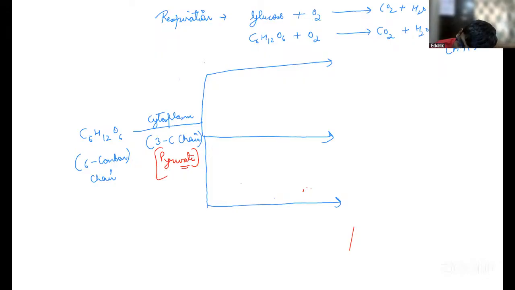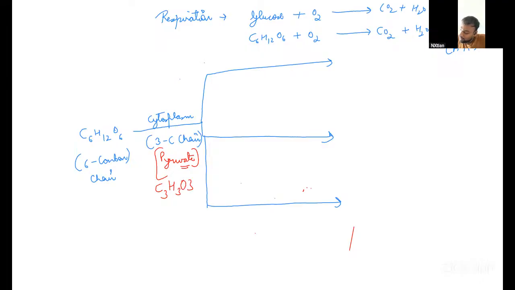Yeah, but I'm thinking about the formula. Just give me a second. C3H4O3, that is pyruvic acid. This is pyruvate. Basically, C3H3O3.